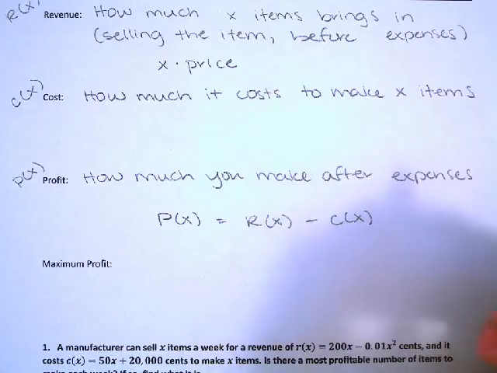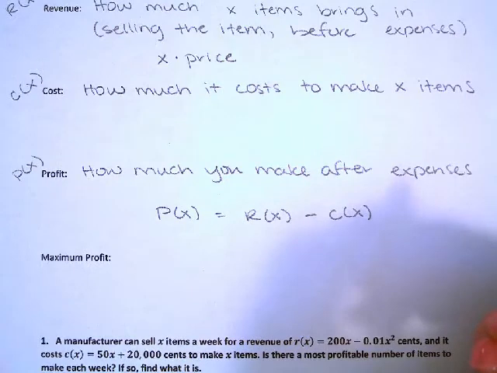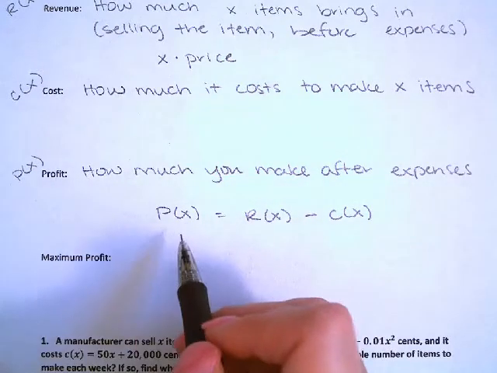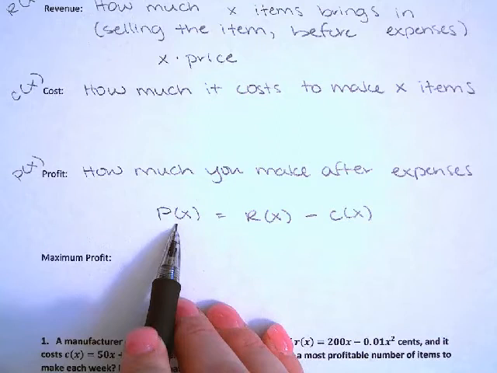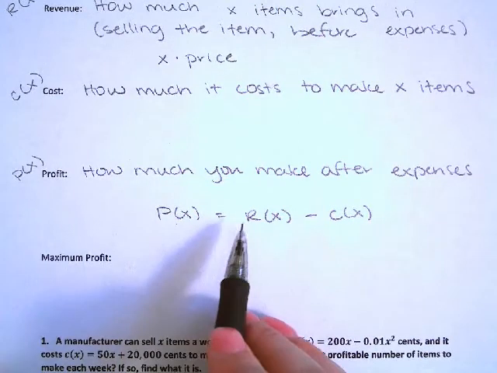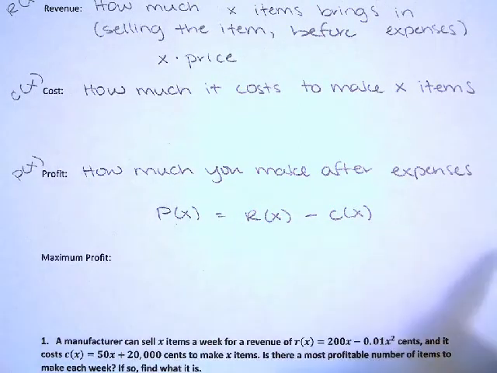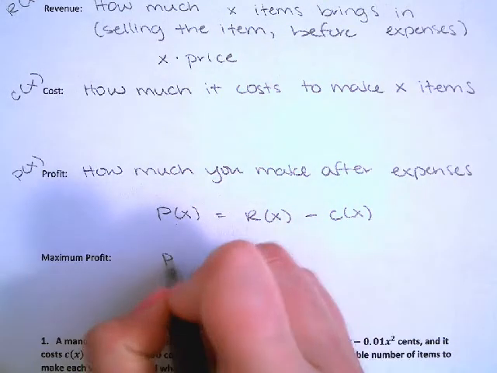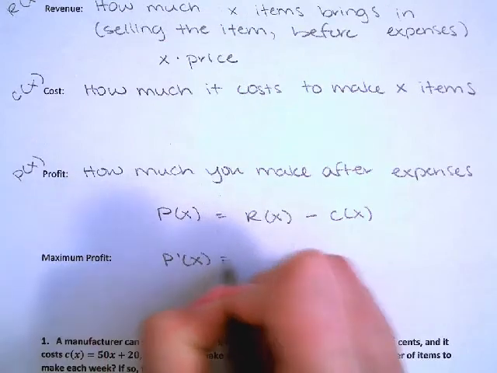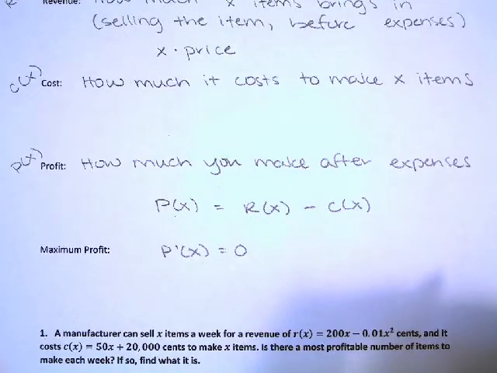All right. Maximum profit, if you think in terms of curve sketching, if we wanted to find the maximum value of P of X, we would just need to find the derivative, right? So if we're thinking about the maximum of a curve, we'd find the derivative, set it equal to 0, make sure it switches from increasing to decreasing there. So same thing here. We're going to take the derivative of the profit equation, set it equal to 0.